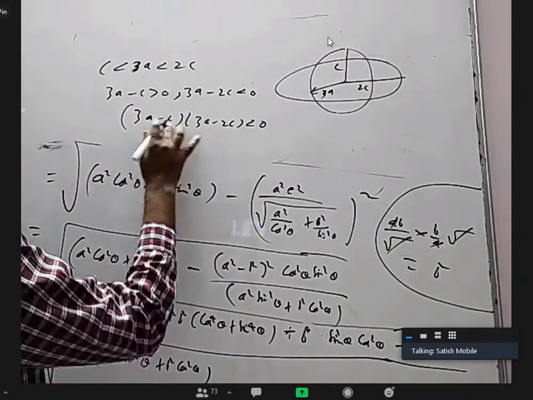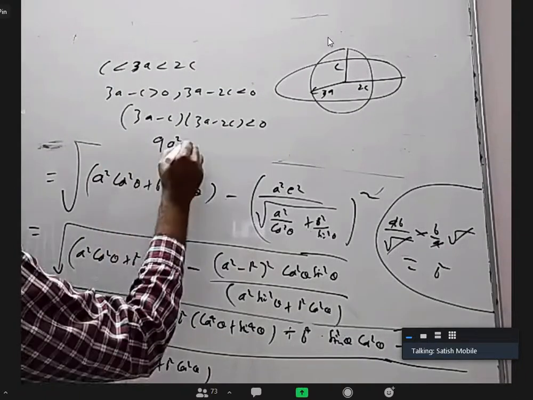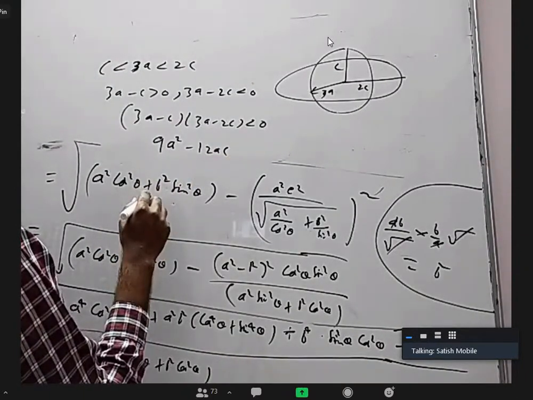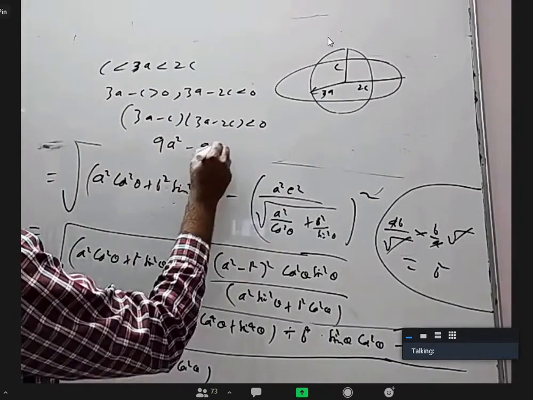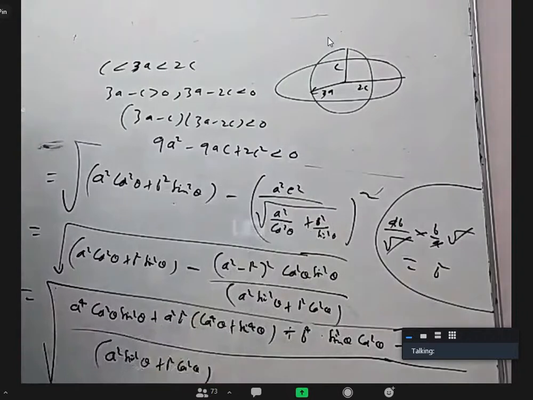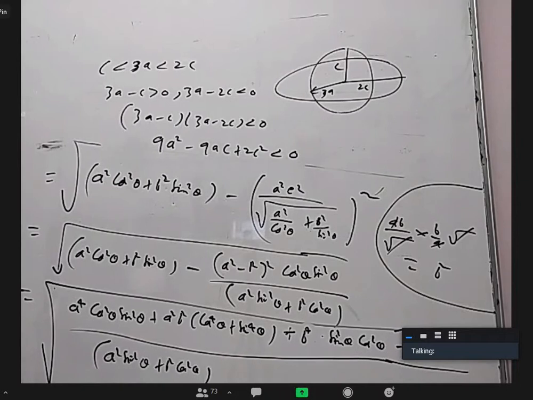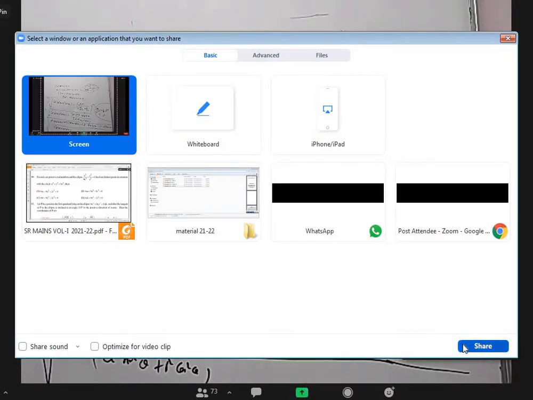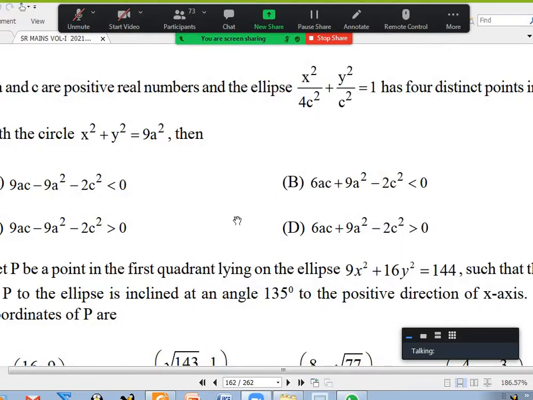9a square minus 3ac minus 6ac, that is 9ac, plus 2c square is less than 0. Okay, so if that is not there, multiply with minus, you will get another inequality.